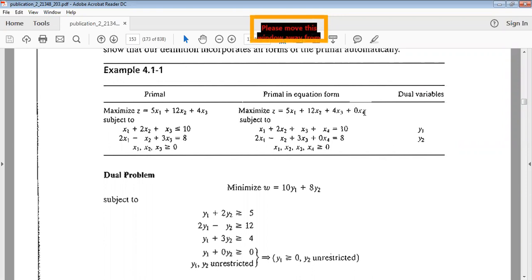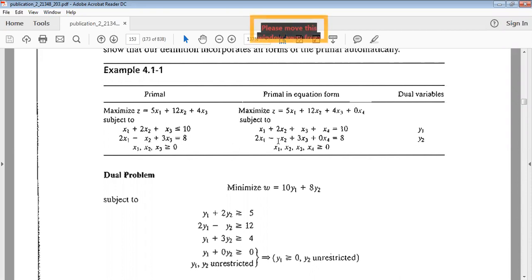If you write it in equation form, this is 5x1 plus 12x2 plus 4x3 plus 0x4. And x1 plus 2x2 plus x3 plus x4 equals 10, so instead of less than, he has converted it by adding the slack x4.